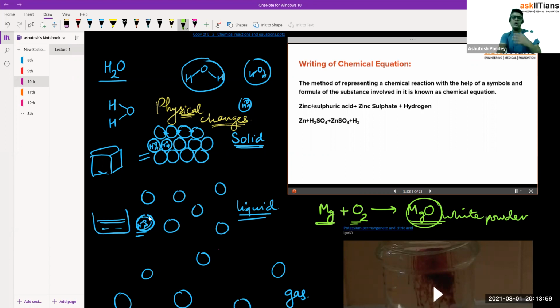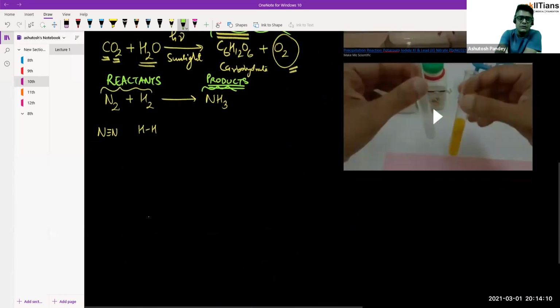Now, writing chemical equations. What are we going to represent by a chemical equation? When we say equation, it means the left hand side will be equal to the right hand side.